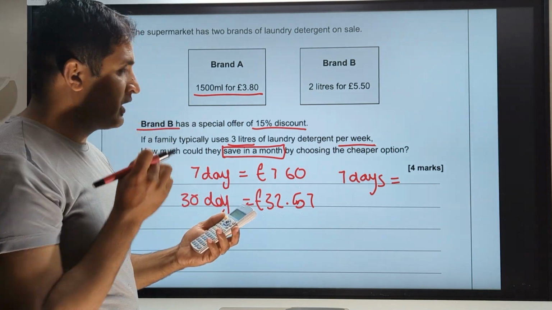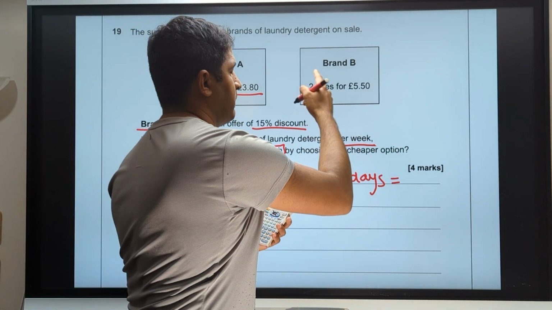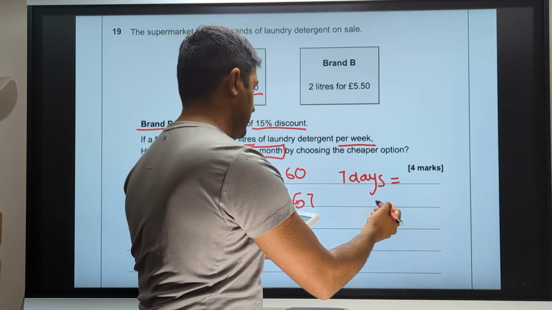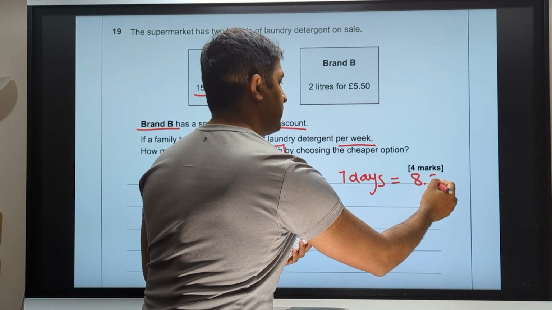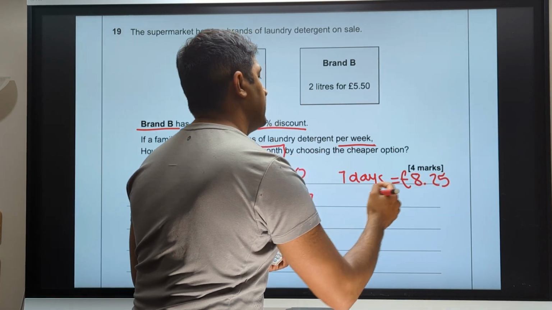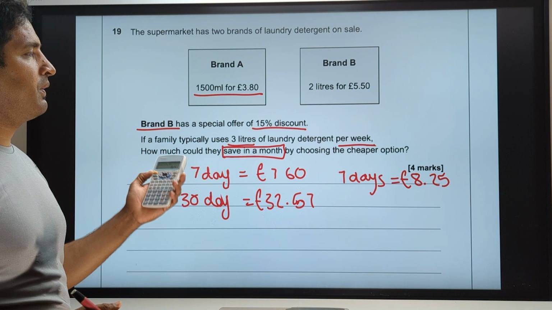So we get £8 and 25p for 3 liters in the 7 days. £8 and 25p. But remember, we get 15% special offer, 15% discount.